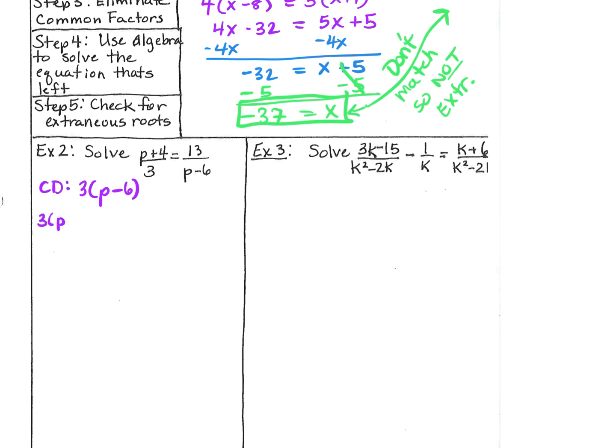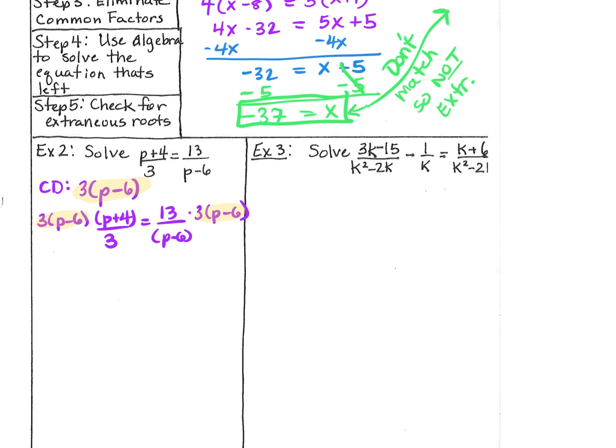3 times p minus 6 times p plus 4 over 3. 13 over p minus 6 times 3 times p minus 6. In other words, if you're not seeing it, this right here is in both of these places, isn't it?